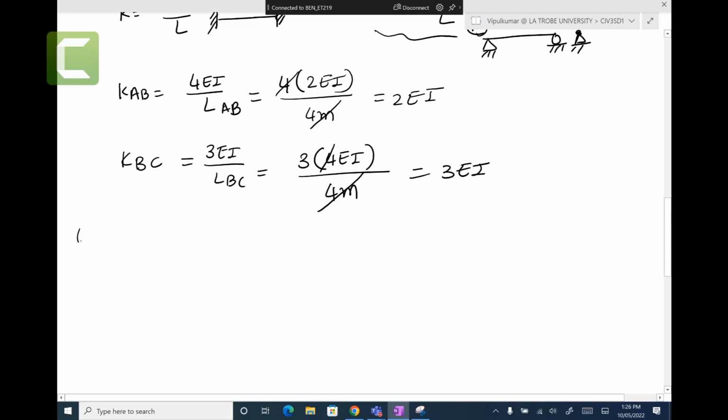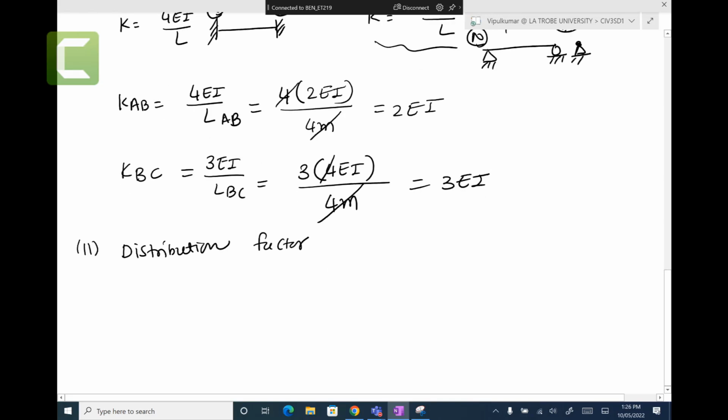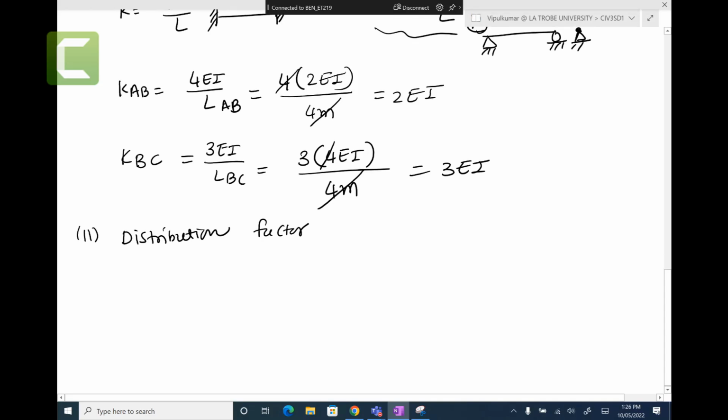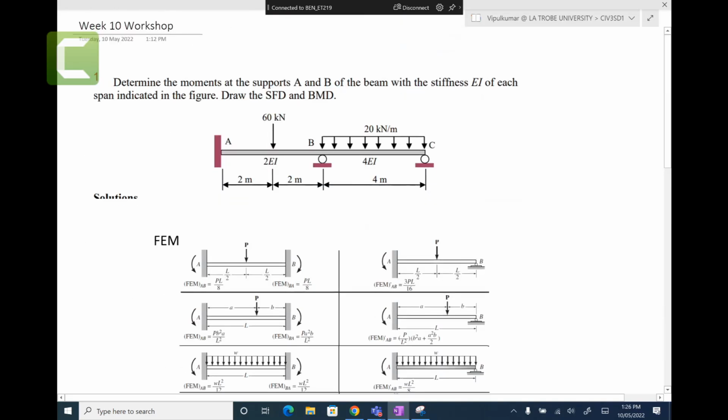Now, second one, we find the distribution factor. Now, let me get this beam here, otherwise we will keep going up and down.